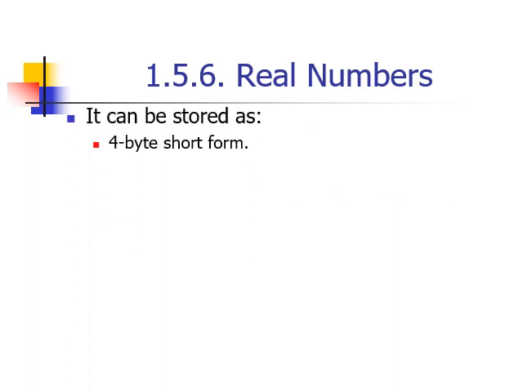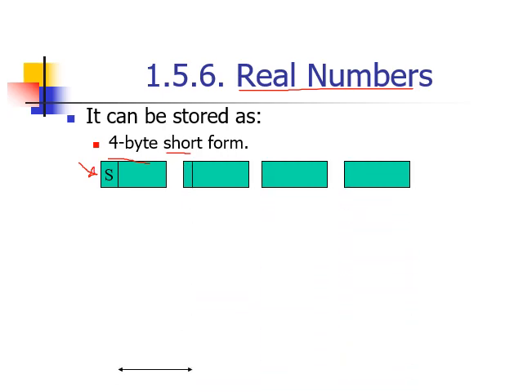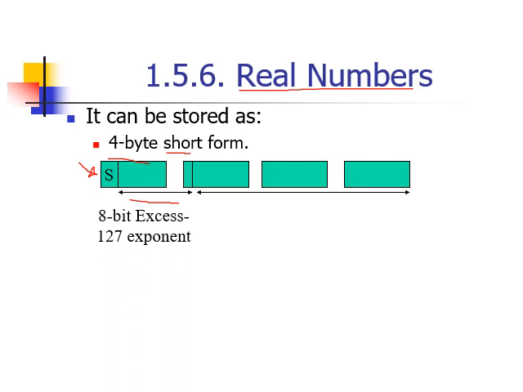So we have a short format and a long format for real numbers. The short format is composed of 4 bytes. The most significant bit we reserve for the sign. Then we take 1 byte, 8 bits, for the exponent, and the rest for the mantissa.